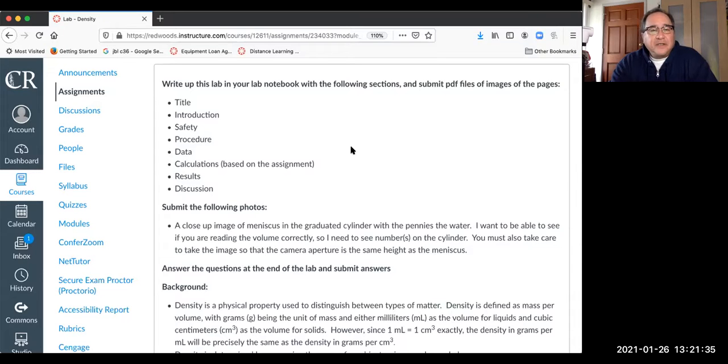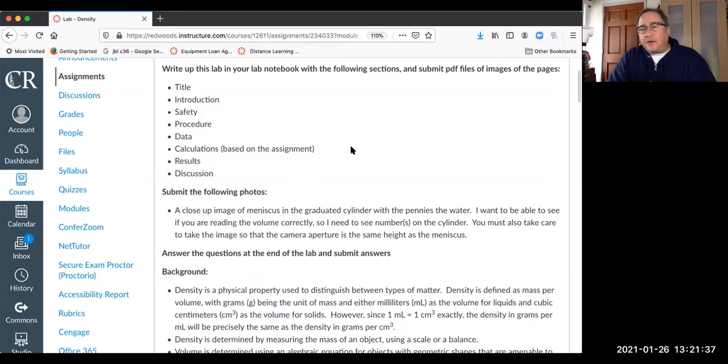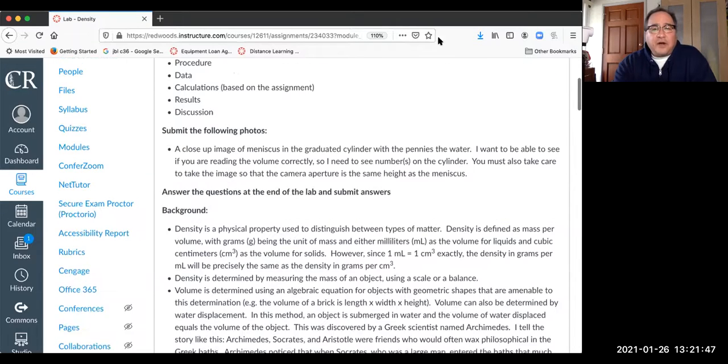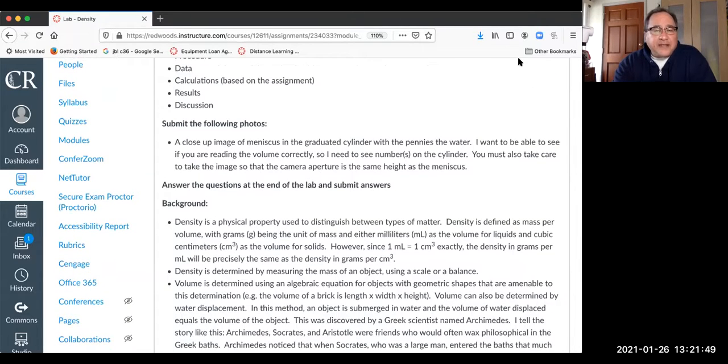Okay. So you'll notice that in your lab notebook, you're supposed to write this up with a title, intro, safety, procedure, data, calculations, results, and discussion. You're supposed to submit a photo of your graduated cylinder with the pennies in the water. It's really a close-up of the meniscus.